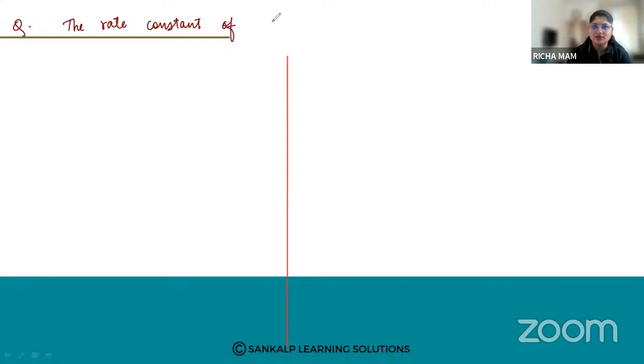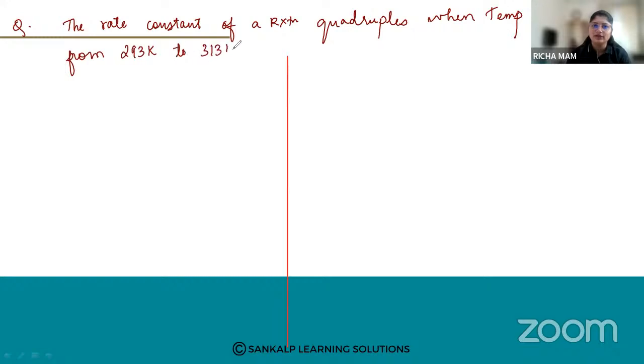So now this you have to solve. The rate constant of a reaction quadruples when temperature changes from 293 Kelvin to 313 Kelvin.